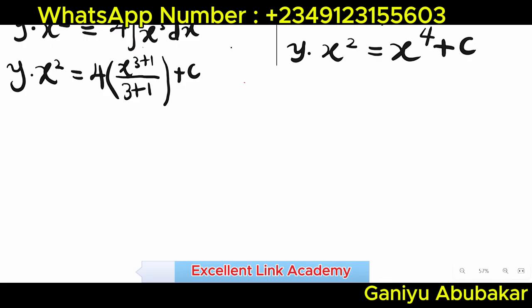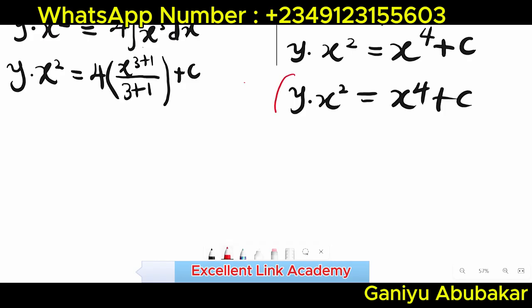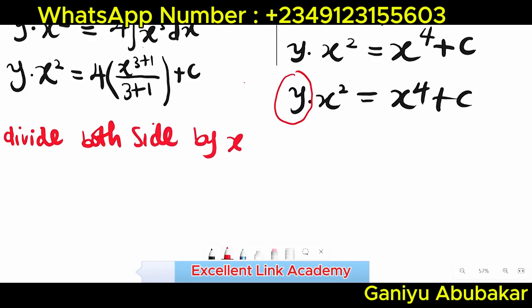So from here, this gives us y dot x squared equals x to the power 4 plus c. I want to make this y the subject of the formula. What do I do? I have to divide both sides by x squared.